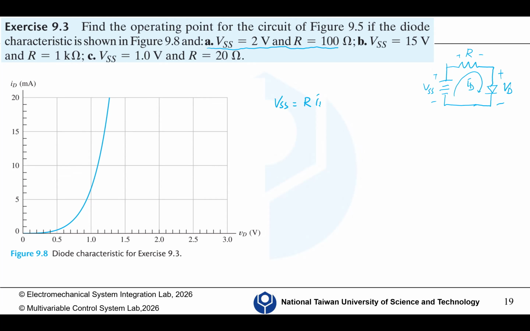Then we need to draw the load line. For ID equals 0, VD equals VSS equals 2 volts.